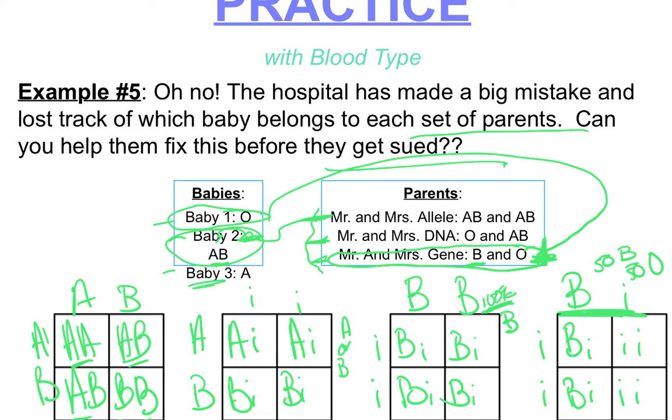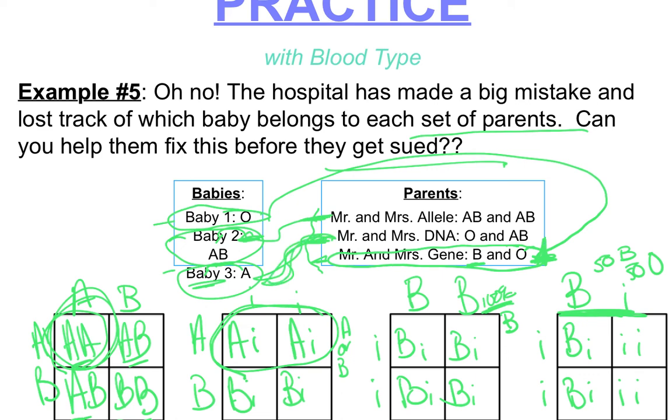And baby number 3, we can only get type A blood with this scenario right here. Well, we also could get it with this scenario right here. But the likelihood that this couple could have had more than one baby belonging to them at the same time is rare. So baby number 3, which is type A blood, is going to belong to this couple right here.